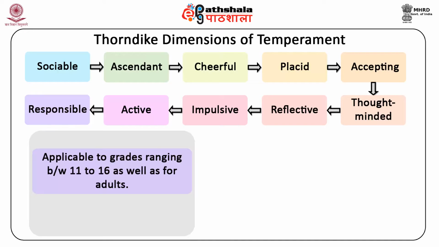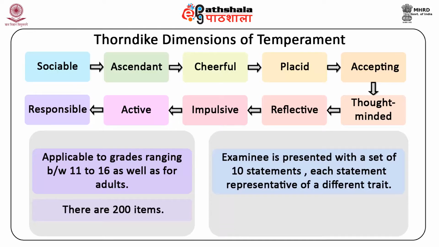The test is applicable to grades ranging between 11 to 16 as well as for adults. There are 200 items. The examinee is presented with a set of 10 statements of approximately equal endorsement popularity, with each statement representative of a different trait. There are 20 such sets of statements.